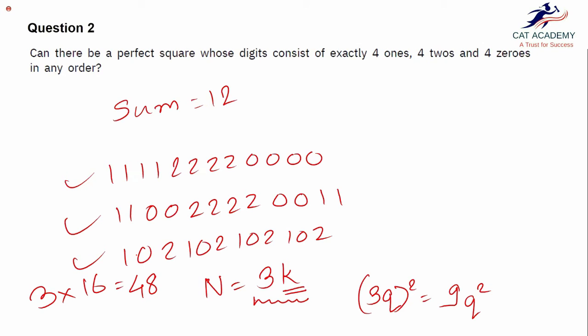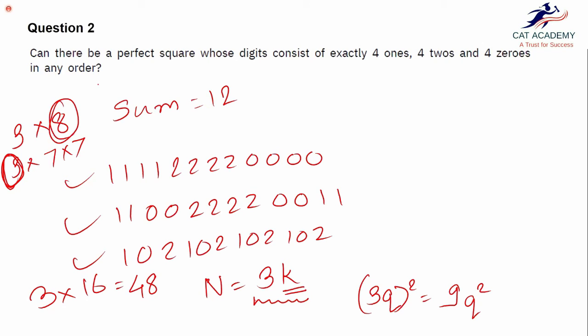No. If I take, say, 3 into 8, definitely no. If I take 3 into, say, anything that is not divisible by 3, 3 into 7 into 7, is it a square? No. Because whatever you do, this 3 will be left alone.